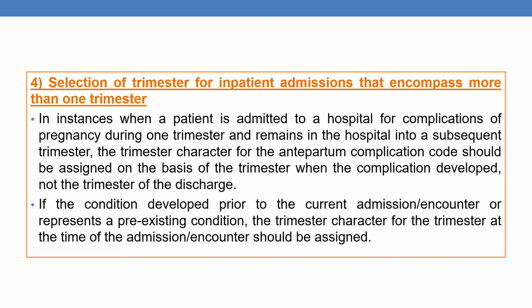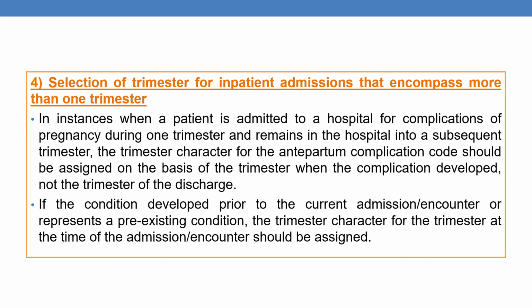Now coming to selection of trimester for inpatient admissions that encompass more than one trimester. In certain instances, a patient is admitted to the hospital for complications of pregnancy during one trimester and remains in the hospital into a subsequent trimester.